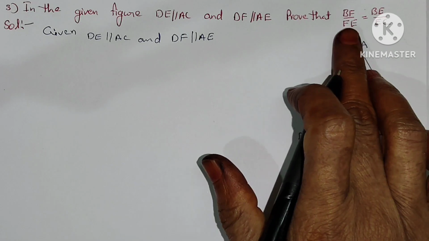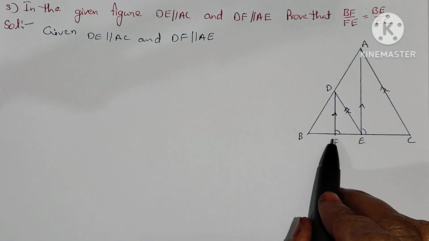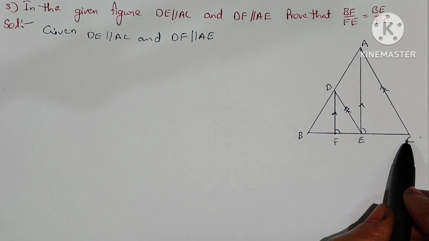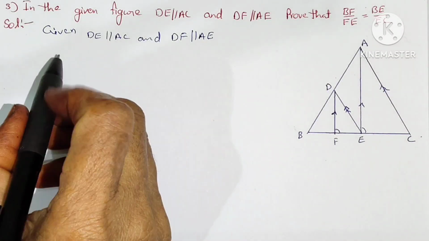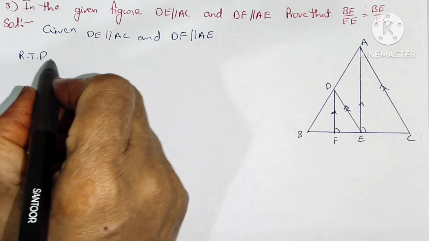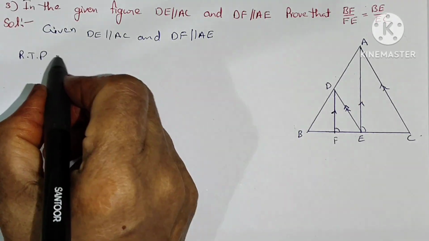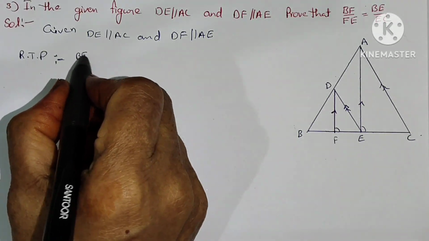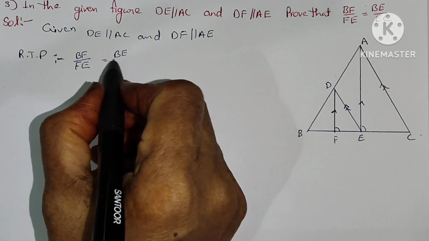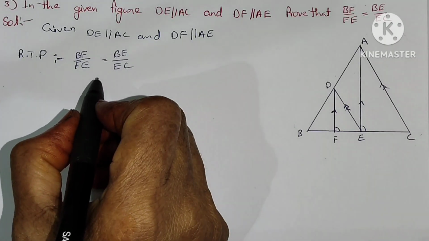Next we prove this one. Required to prove that BF by FE is equal to BE by EC.